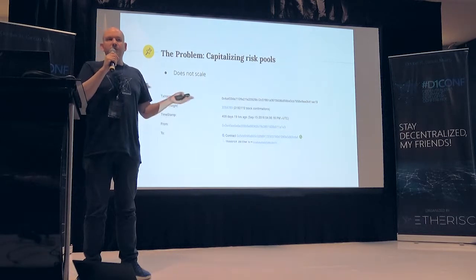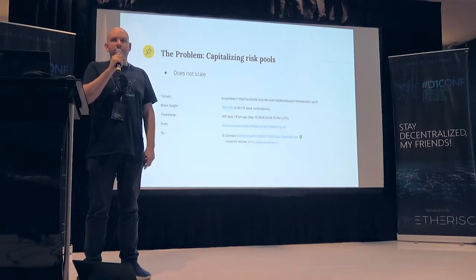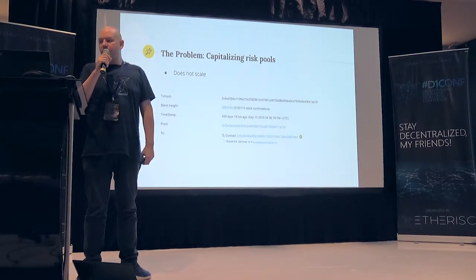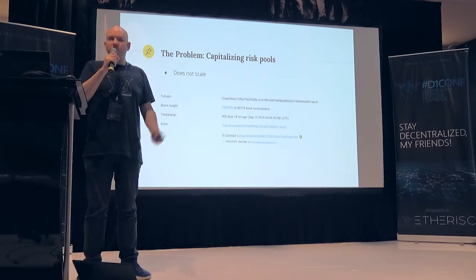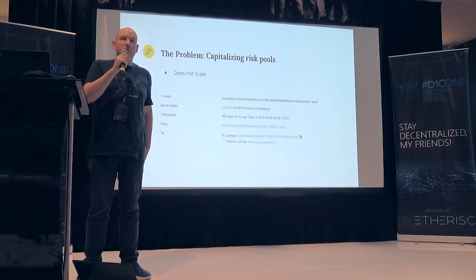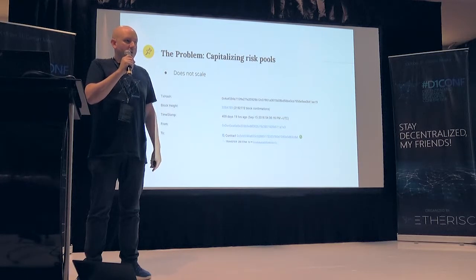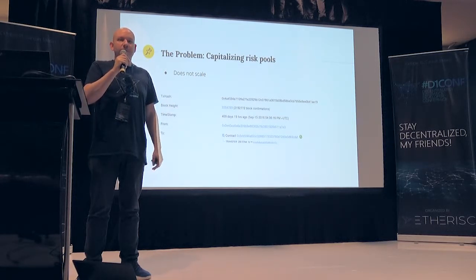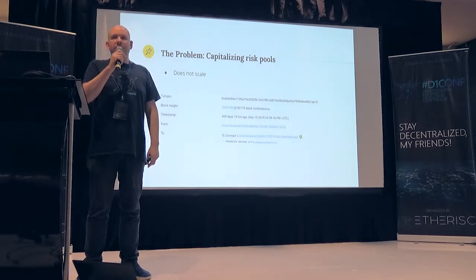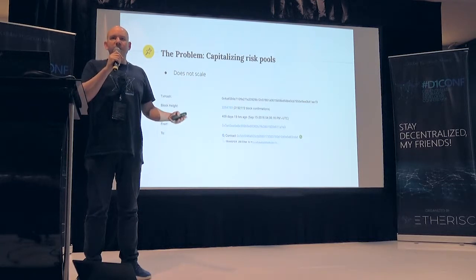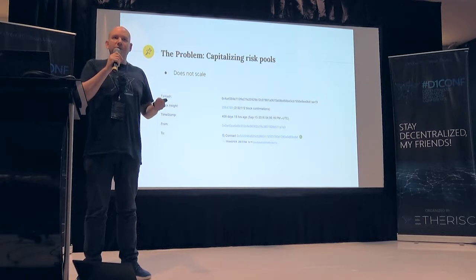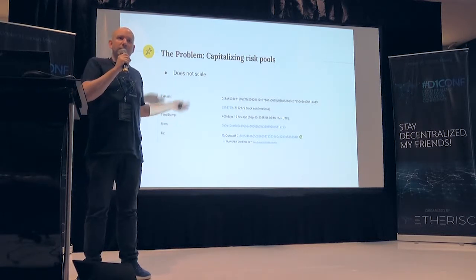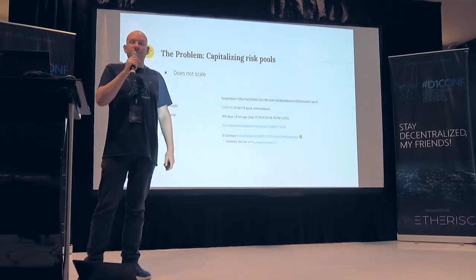We capitalized the risk pool of flight delay, the first iteration of flight delay, and we sent 250 Ether to the contract. That was coming out of our pockets, and it was not that much money back then, but obviously this does not scale. So you need to find another way to get this money into the insurance contract.